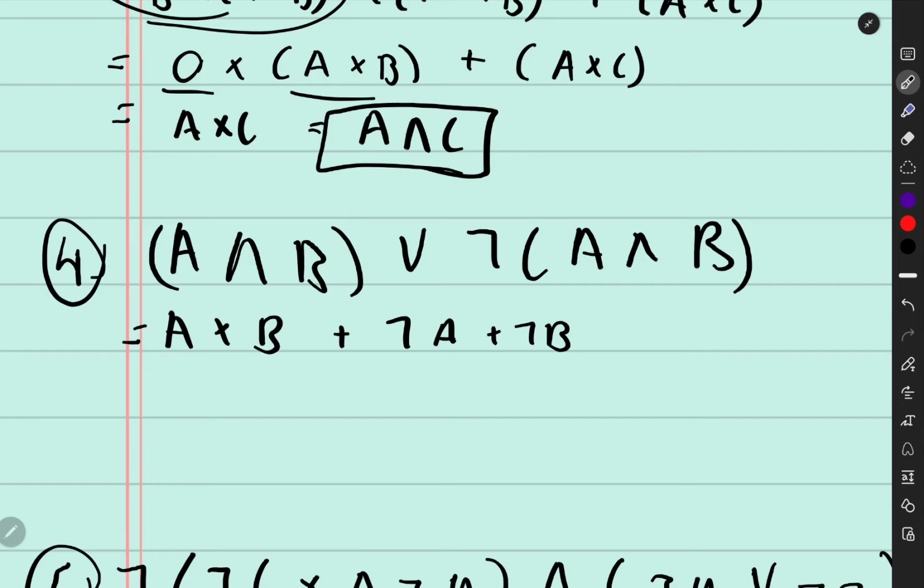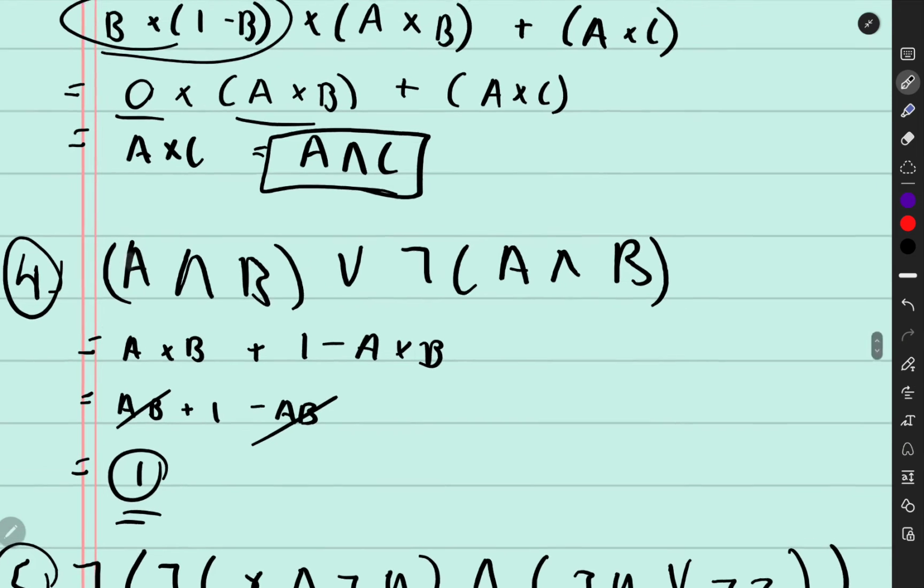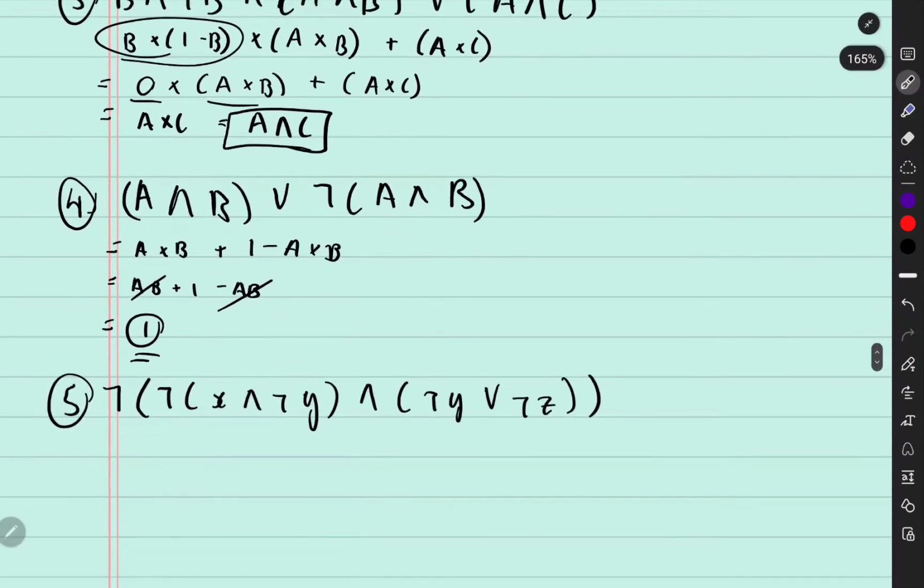Oh yeah, my bad, I meant A times B. My bad. As a matter of fact, now I realize why I went wrong. It's actually A times C and A times B plus 1 minus A times B. We could have done it the other way, but this is way simpler. So it's the same as AB plus 1 minus AB. You can cancel the AB's out, so you have 1. And that is the final answer. You could have done it the other way, but it would just be way too complicated.